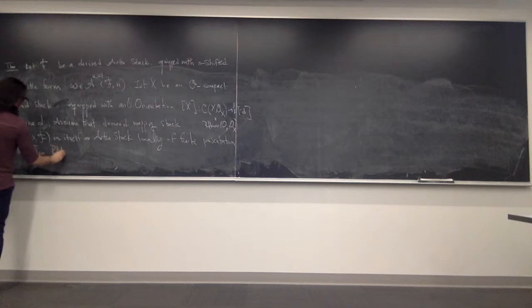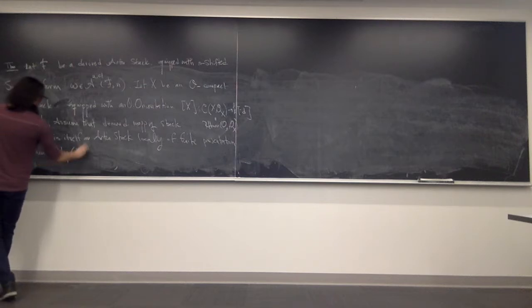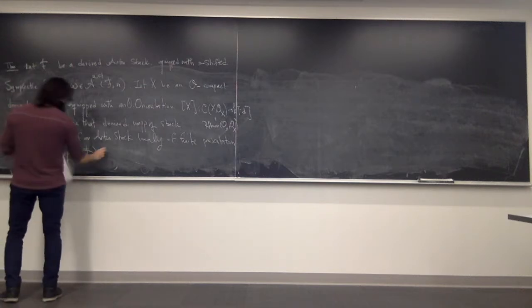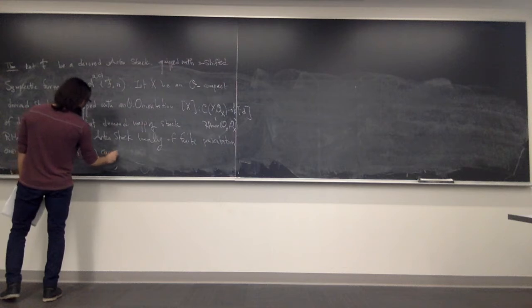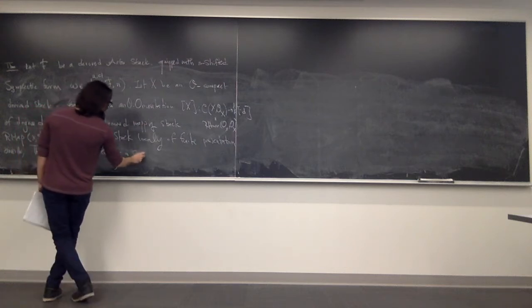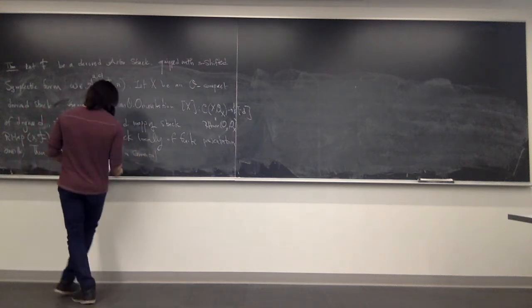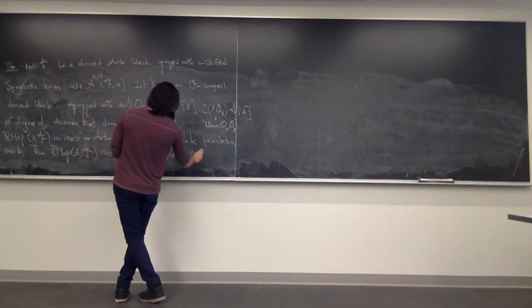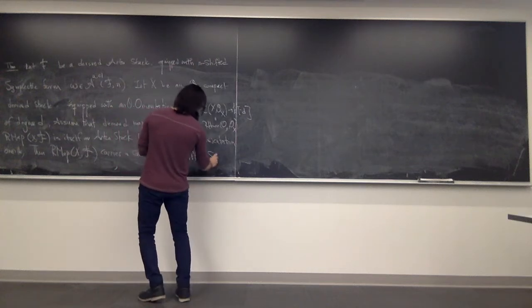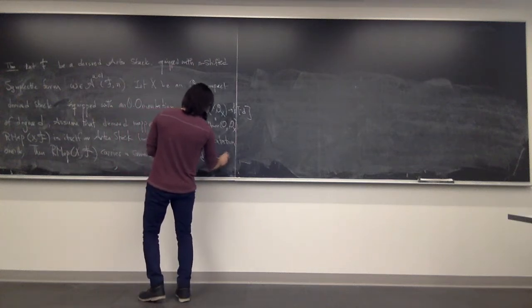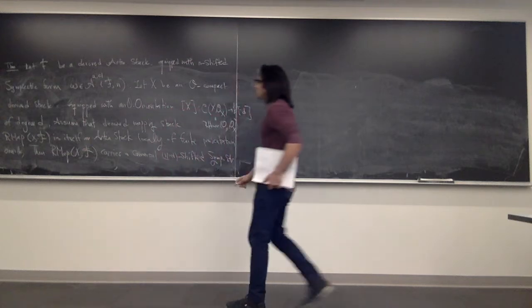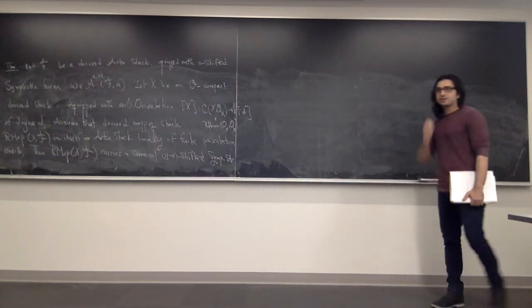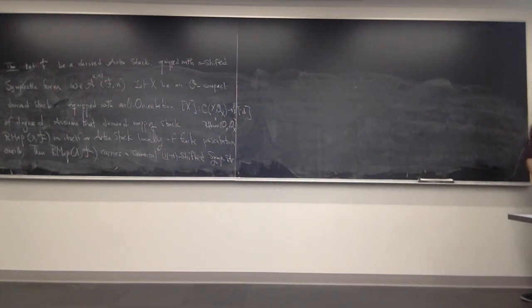the derived mapping stack from X to F carries a canonical n minus d shifted symplectic stack. So this was the theorem that we proved.